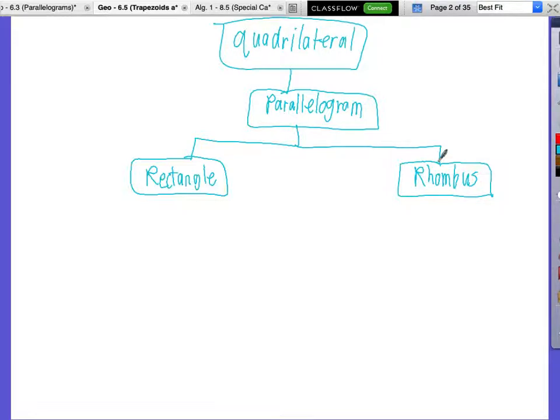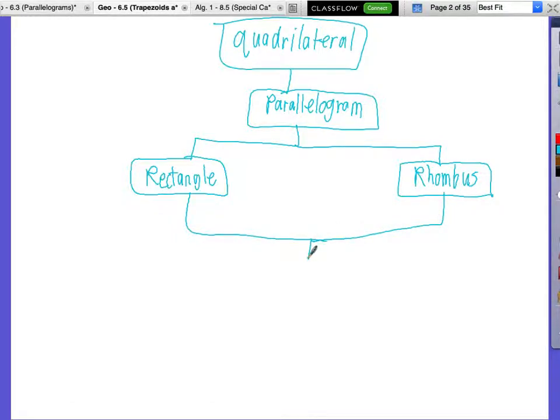They bisect each other and each other's angles, and also they are perpendicular. The diagonals are perpendicular.